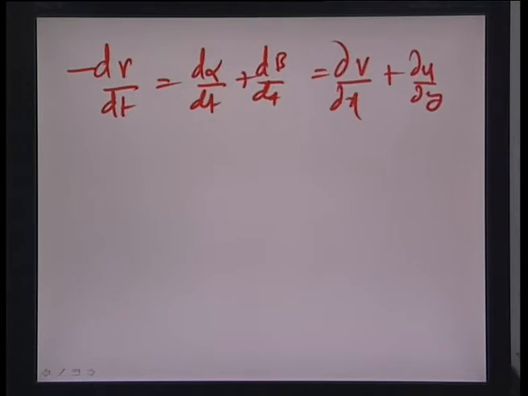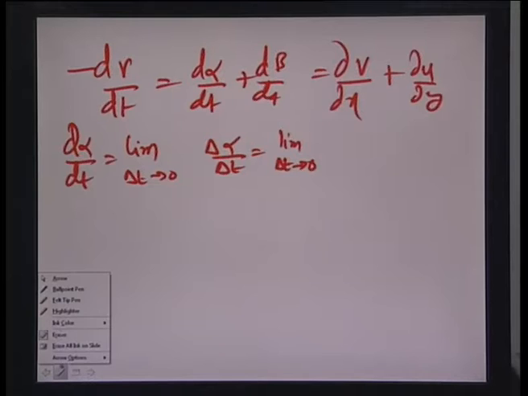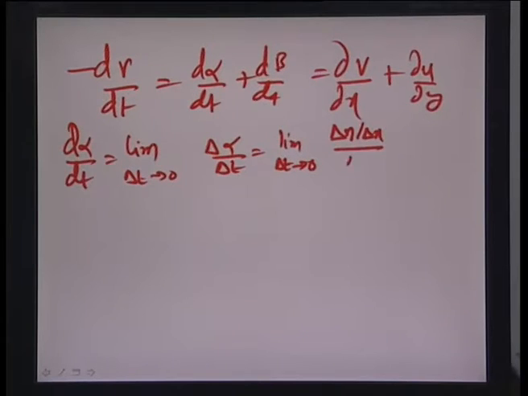You may reiterate that d alpha by dt is nothing but the limit of delta t tends to 0 of delta alpha by delta t, which is the limit of delta t tends to 0 of delta neta by delta x divided by delta t, which is del v by del x, okay.